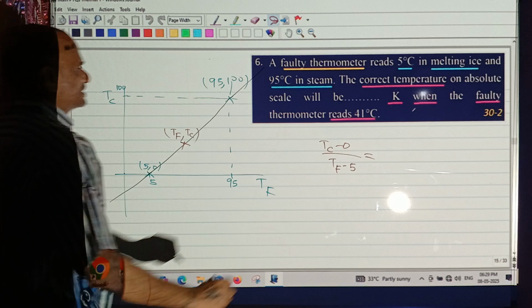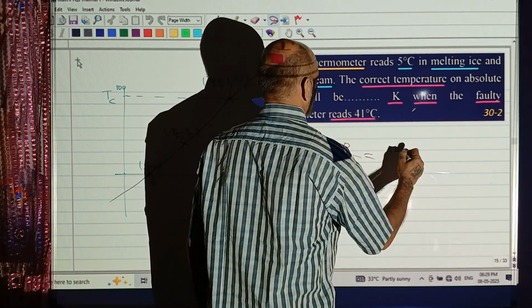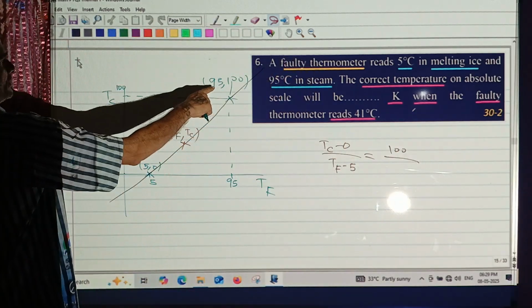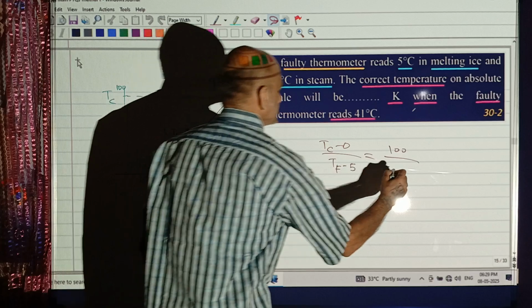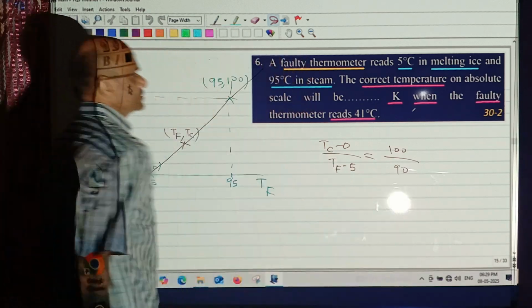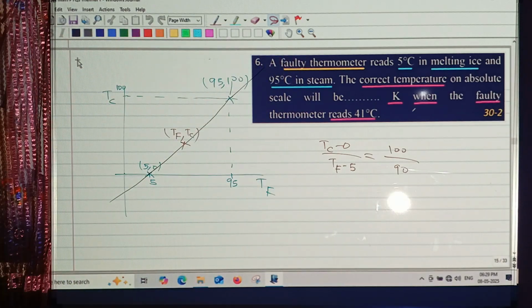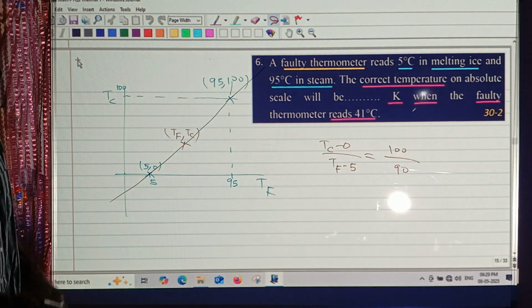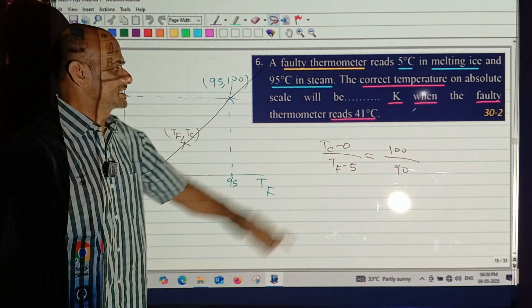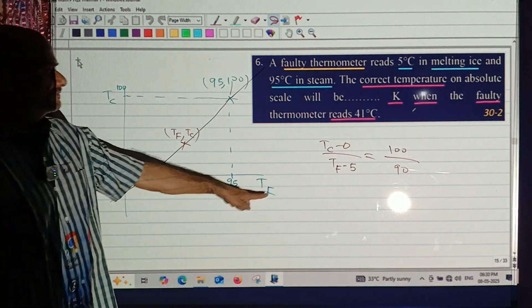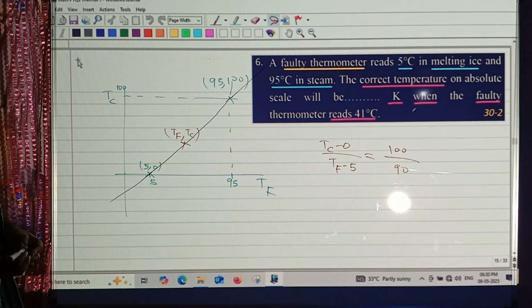Y2 minus y1 is 100 divided by x2 minus x1, which is 90. So this is the relation between the two temperature scales. It's actually a straight line relation because it's first order in both x and y variables. The x variable is TF, the y variable is TC.